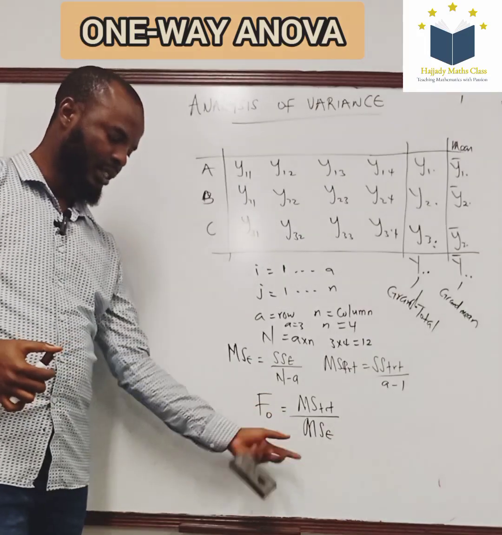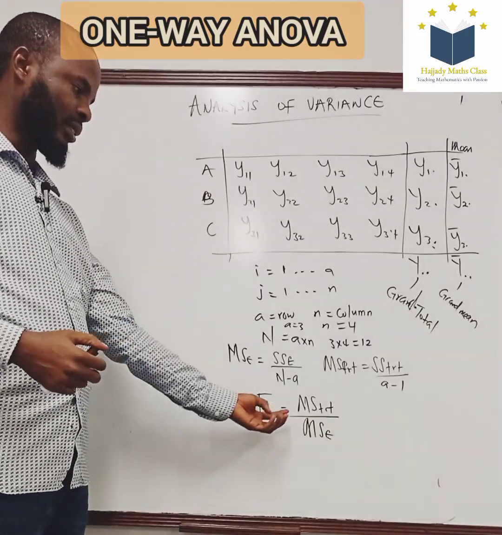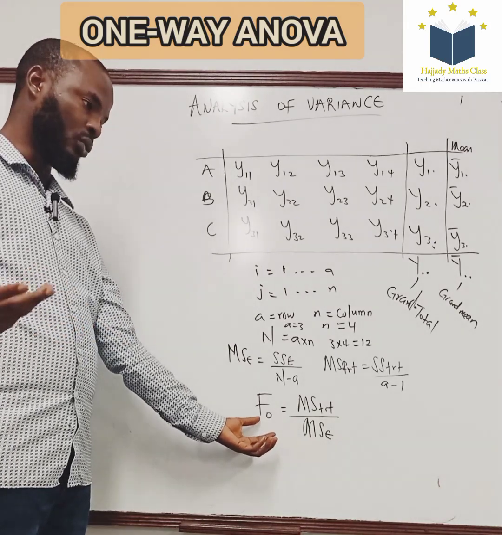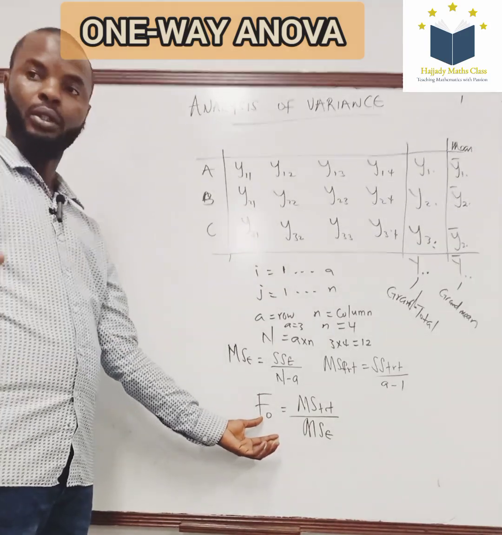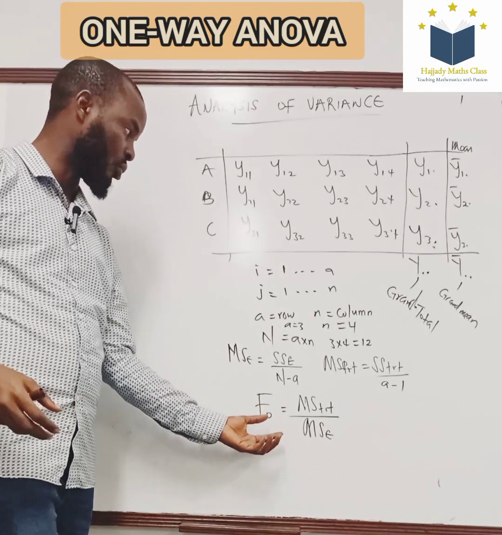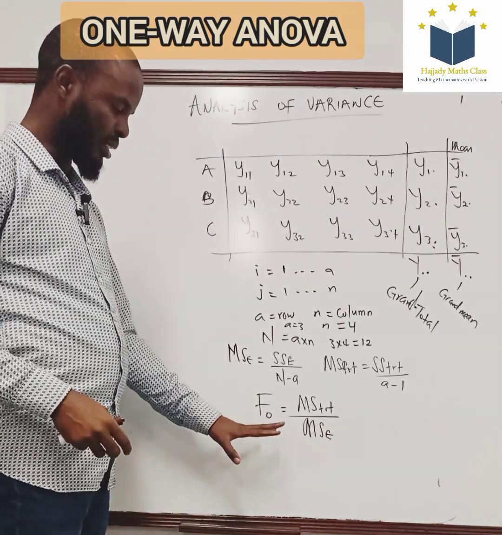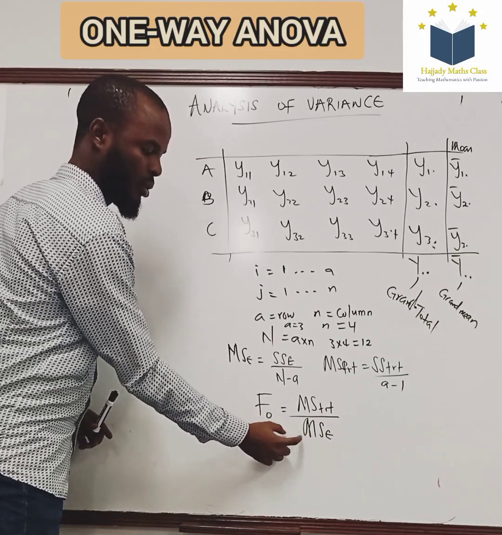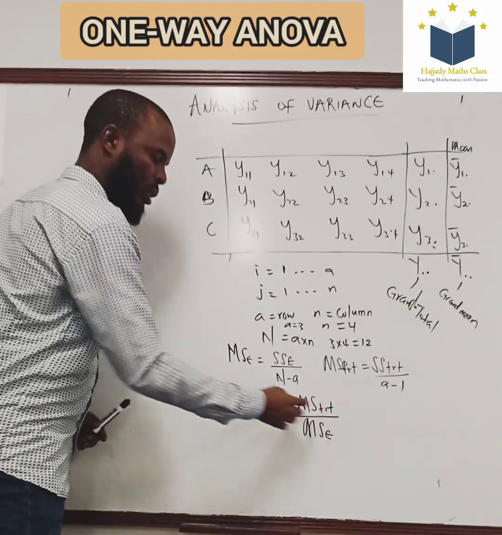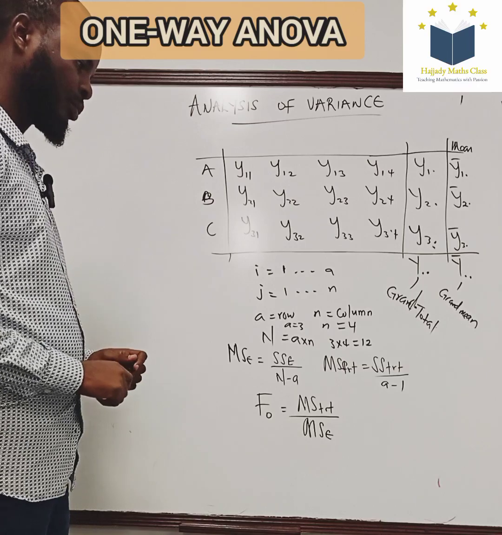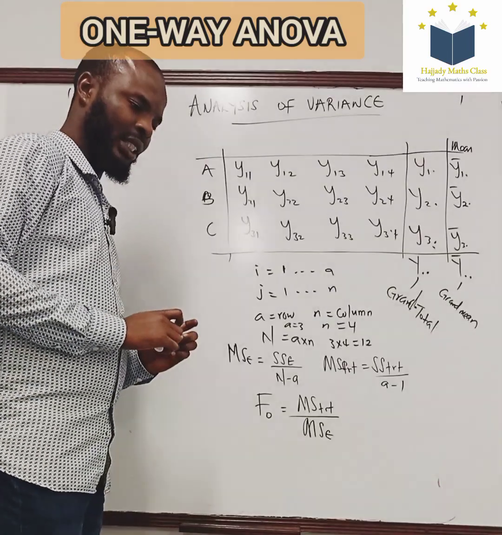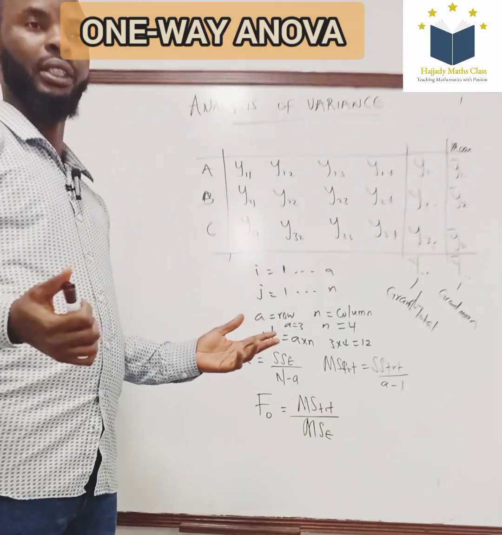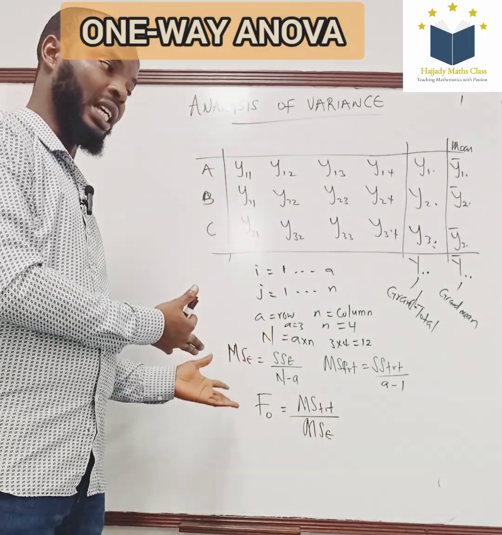As a statistician or a consultant statistician, although we have some software to do this, you can use SPSS, R, SAS, and other software like that. But once you calculate your F knot or F observe, you need to determine whether to reject or not reject the hypothesis of the experiment.